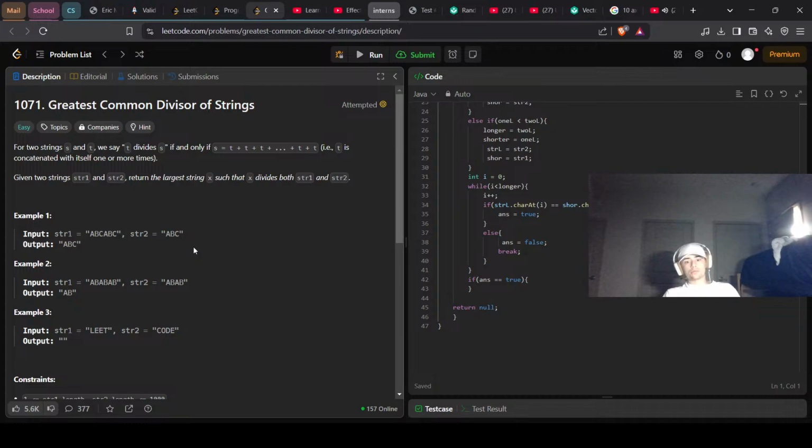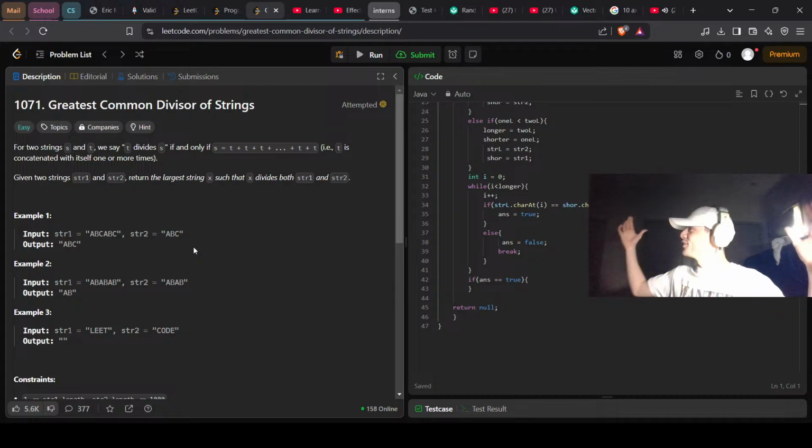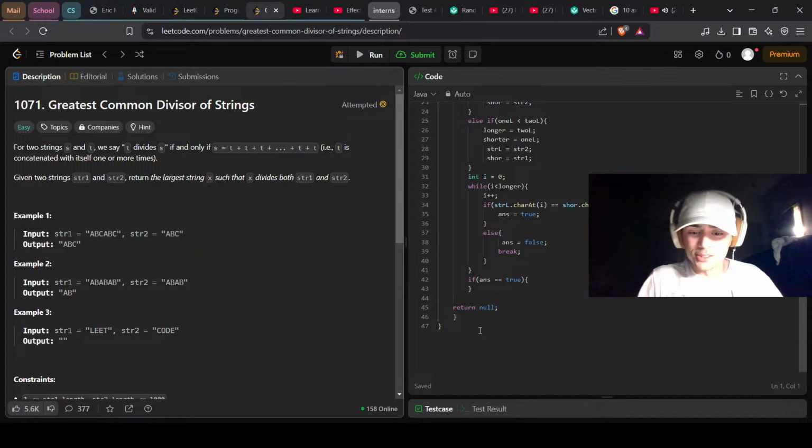If 2 equals shorter, then return that. Okay. And else, if they are equal, return that. If they're not equal, then do the shorter one times itself. Ooh, this is easy. I just figured it out. Oh my god, I feel so smart.